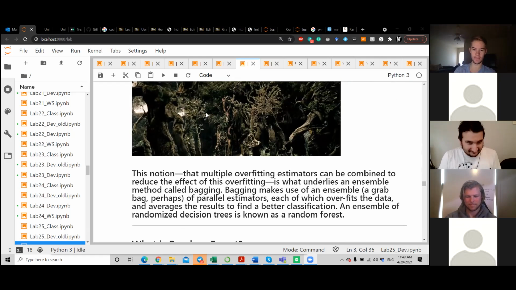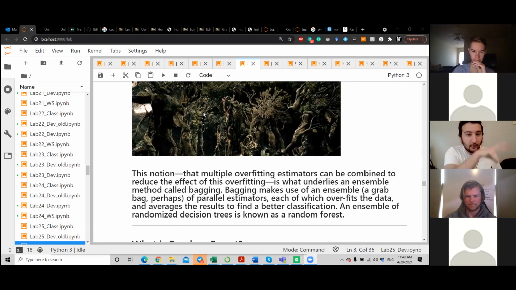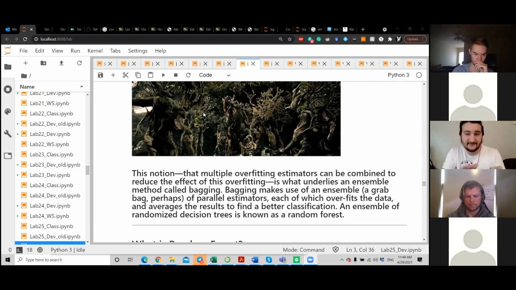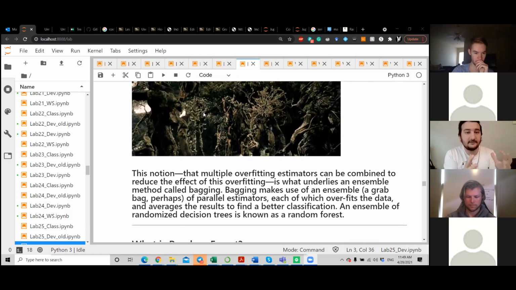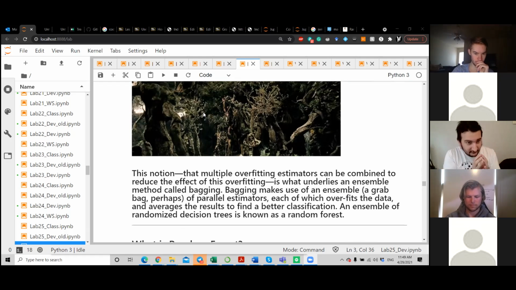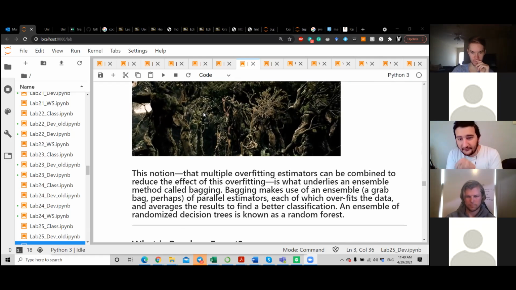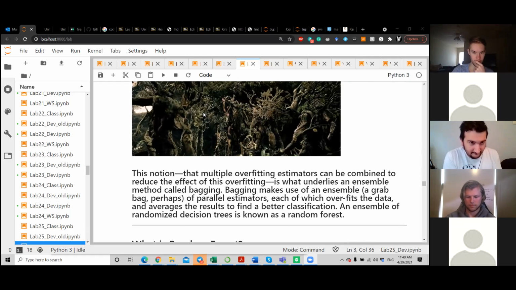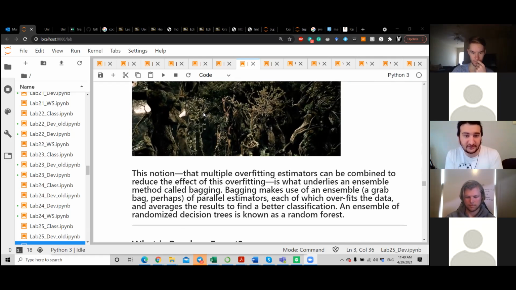This notion that multiple overfitting estimators, in our case, multiple overfitting trees, can be combined to reduce the effect of this overfitting is what underlies an ensemble method called bagging. You will hear this in the machine learning literature.